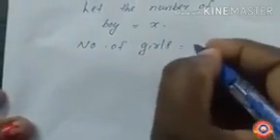Then what is the number of girls? Number of girls is equal to x plus 4, because 4 more girls are in the class. On a day, 8 boys were absent. So what is the number of boys on that day? Very good.